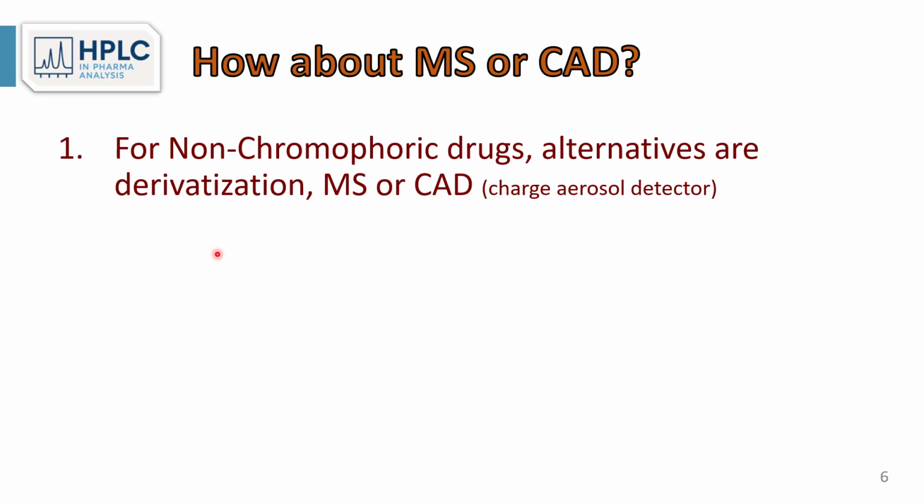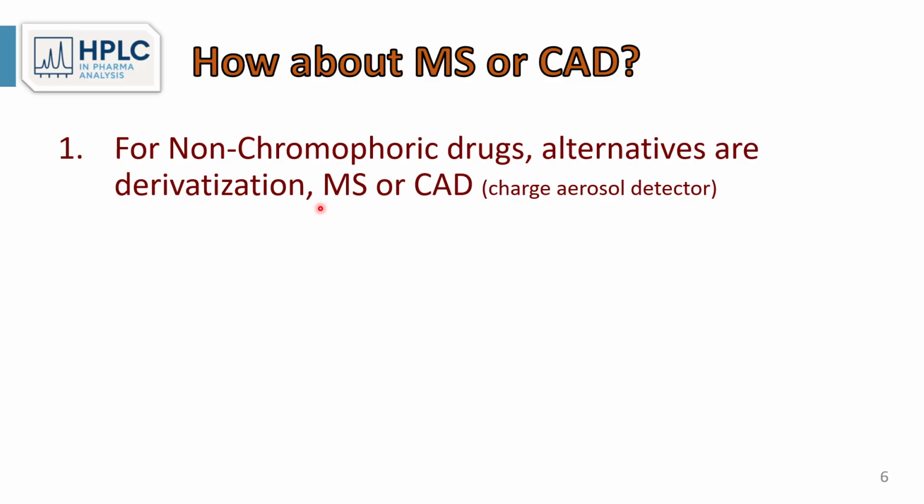For the few non-chromophoric drugs, which are very infrequent, the alternative is sample derivatization, which is really not a very good idea because of the lack of precision and also multiple derivatization products being formed.